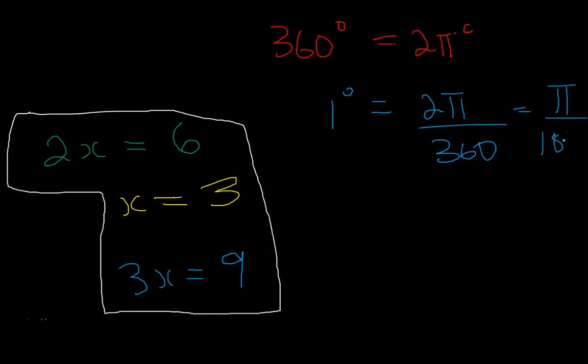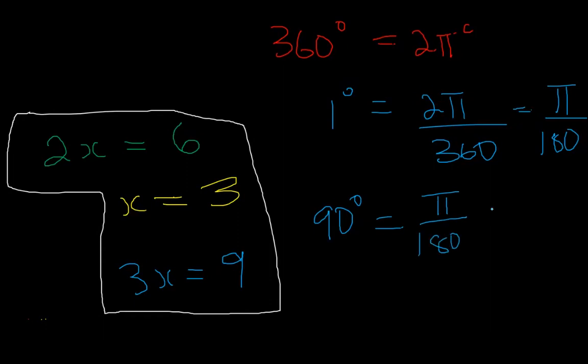And if I ask you, what's the value of 90 degrees? If 1 degree is equal to pi on 180, what is 90 degrees? Pi over 180 times 90. Exactly.